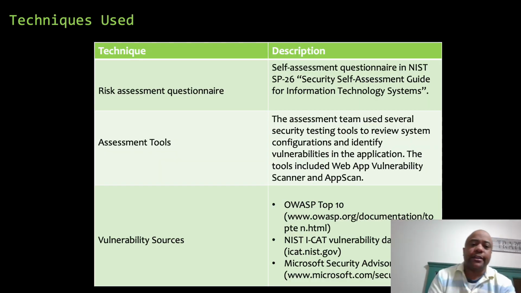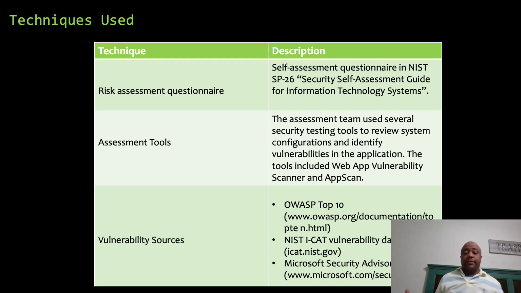These are the techniques that our team used in order to conduct a risk assessment. First off, we used a questionnaire. Pretty simple. We were able to get a self-assessment questionnaire from the NIST SP 800-26, Security Self-Assessment Guide for Information Technology Systems. Secondly, we used assessment tools.